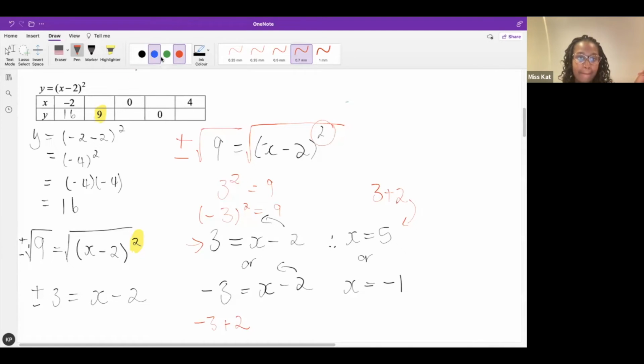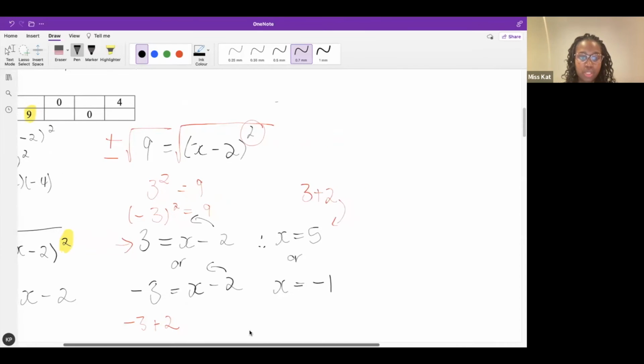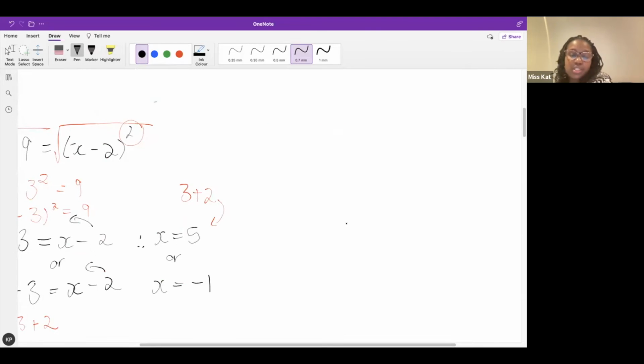Can I show you why? Because when you substitute both of them, you're going to go back to the solution line. And remember we said this isn't a linear graph? Let me show you guys why you have to do both. This is not a linear graph. Well, this graph, guys, let me show you what it looks like.